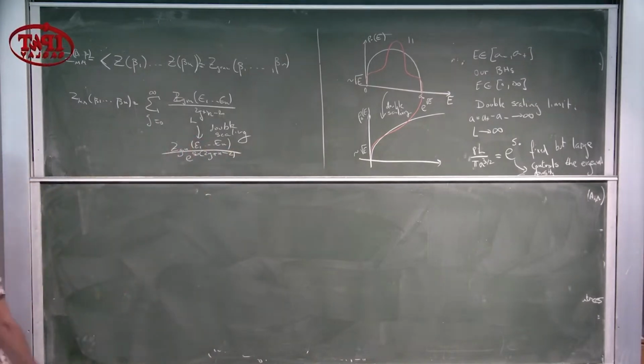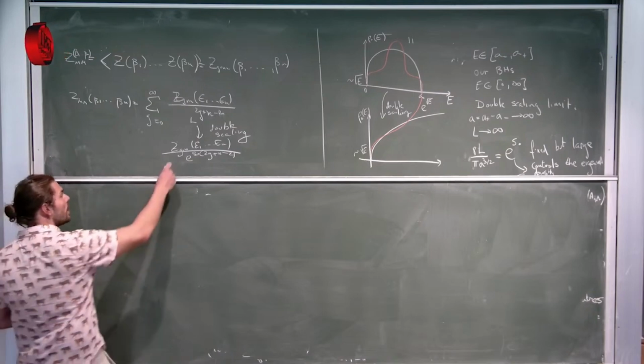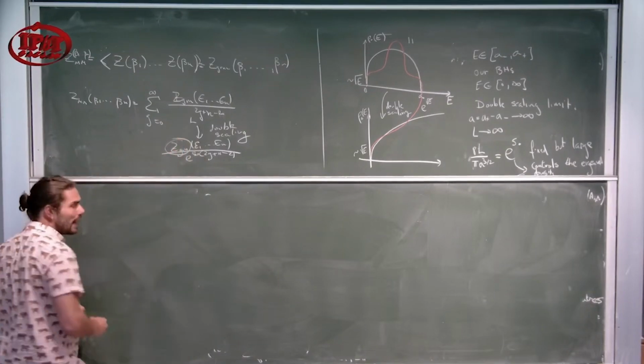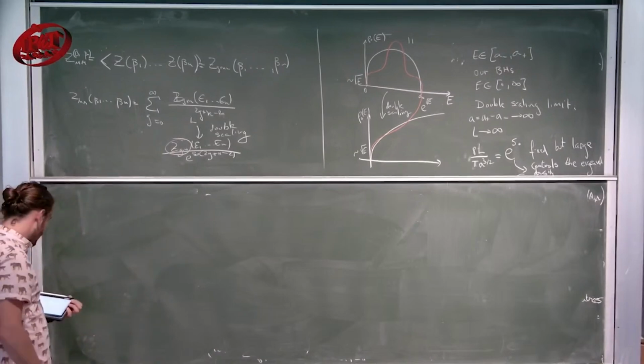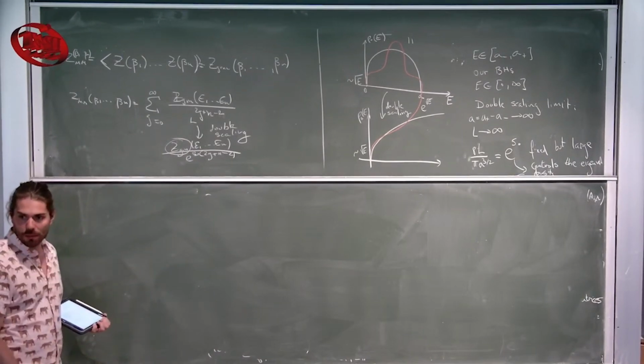Okay, so this already starts looking a little bit like the JT expansion. The question is, can we get these Z_{g,n} to match with the Z_{g,n} that we obtained from the gravitational path integral?